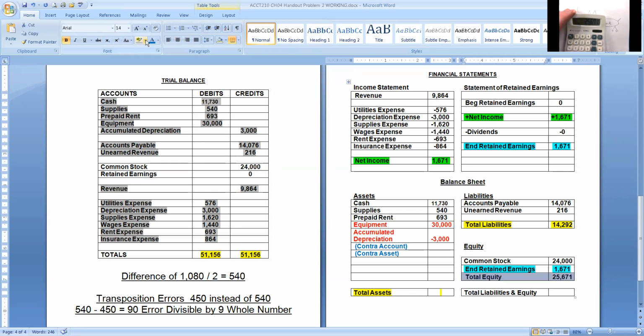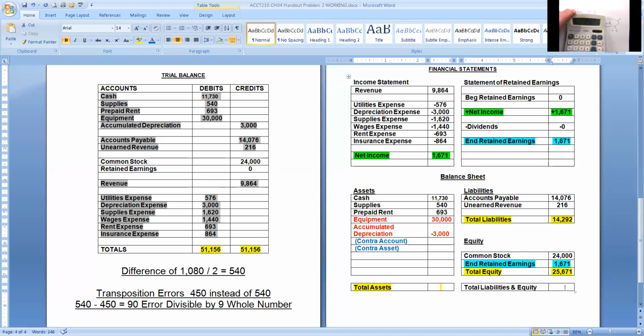Okay, so total liabilities and total equity, we have to add those two together. So 14,292 plus 25,671. 39. Okay, oops. Okay, I gotta add up the assets now.